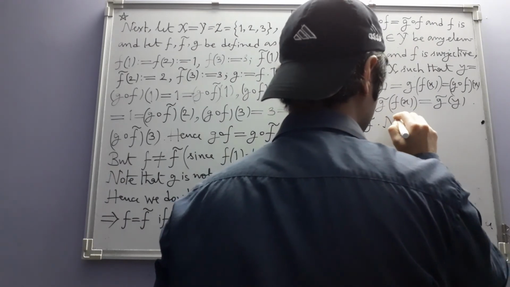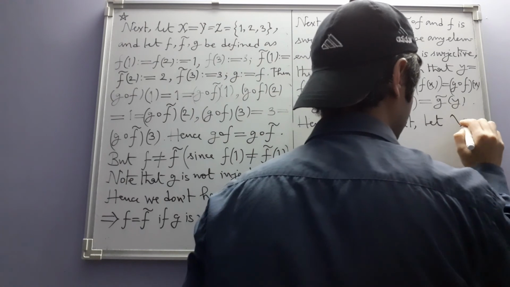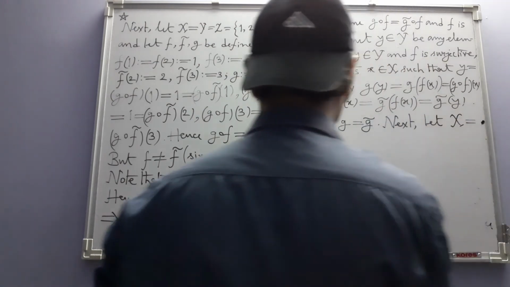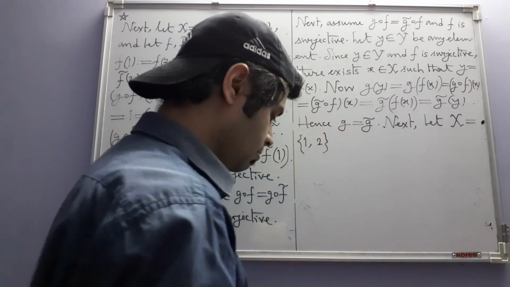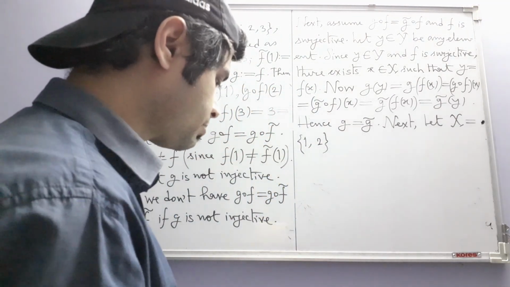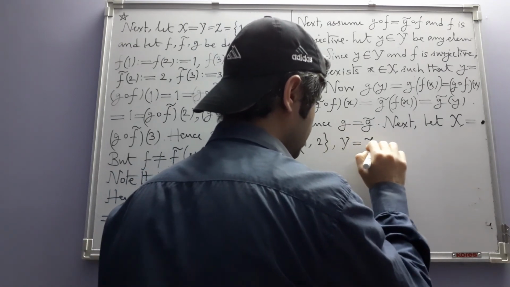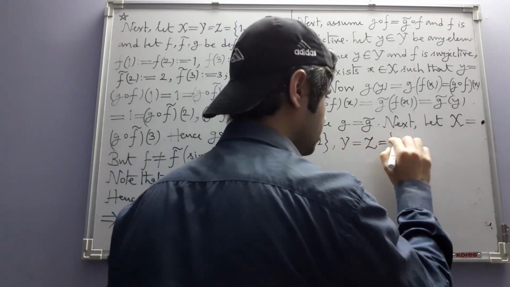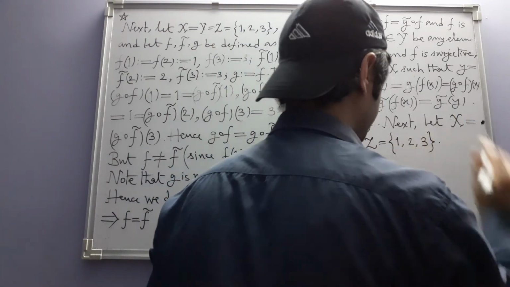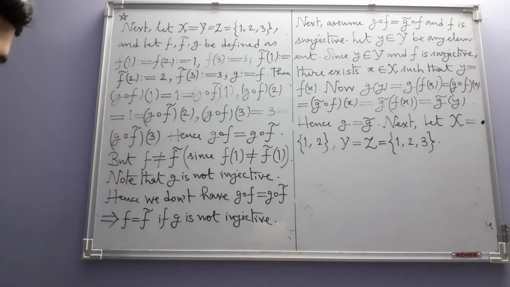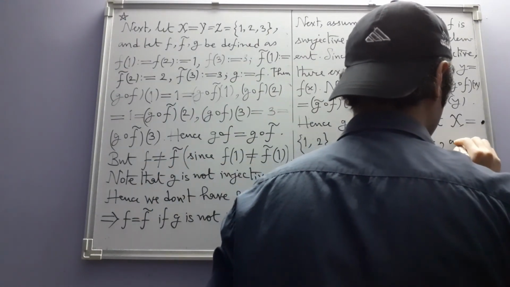Next, let X be this set consisting of the two numbers 1 and 2, and Y and Z be this set consisting of the three numbers 1, 2 and 3. We are not over yet.